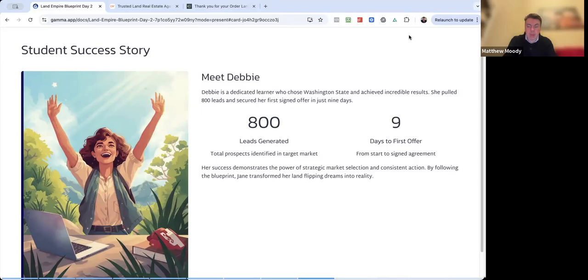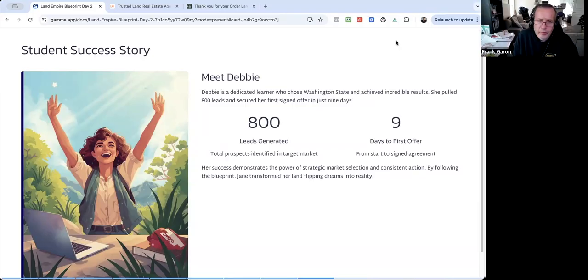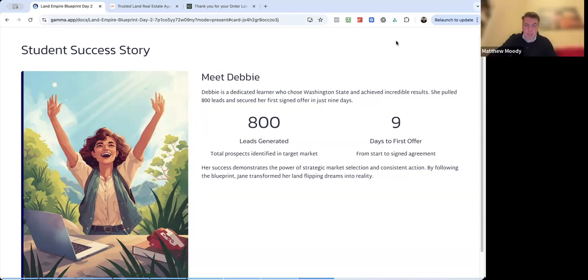Okay. So, Debbie, one of our clients, you just want to give a quick update on what she's been up to. She's a great student, very dedicated, and is taking this seriously. She chose Washington State for her first time at bat, and achieved some really incredible results.